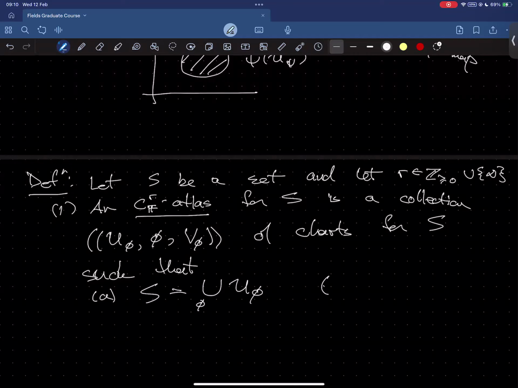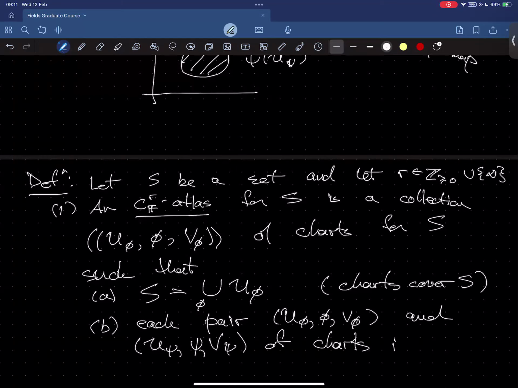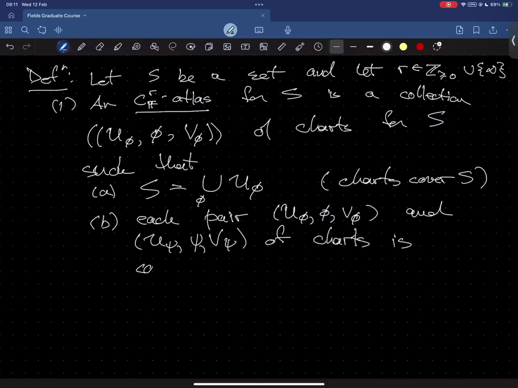So the charts cover S. And the other condition is that every pair of charts is compatible, in the sense that we just talked about.